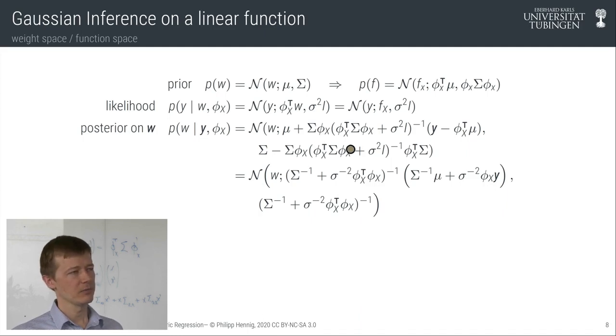And then here's a big matrix that is the inner product between the feature vectors of the training data weighted by the prior covariance of the weights plus the measurement noise, inverted, times the observations y, the data, minus what would be the prediction for these observations, the predictive mean, which is applying the features of the training data to the prior mean.